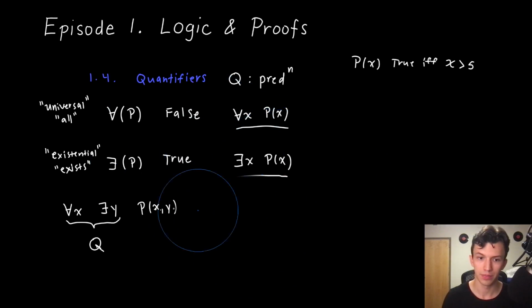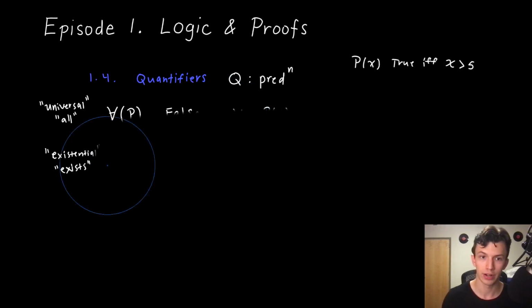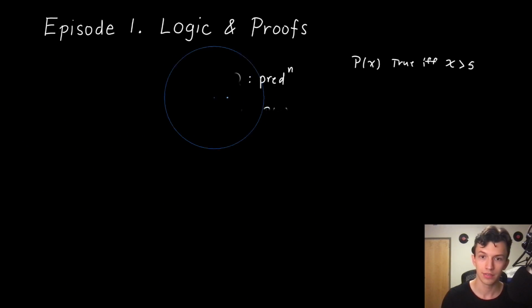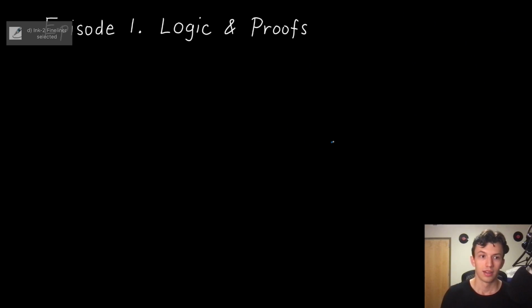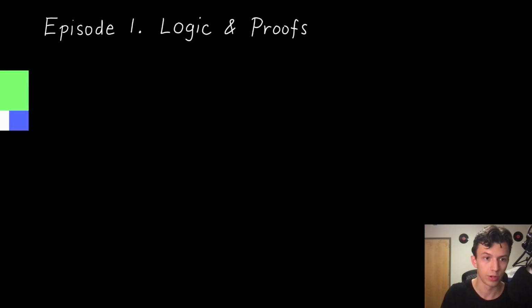So we talked about propositions, predicates, connectives, and quantifiers. Now let's talk about proofs. Proofs start off with axiomatic systems.